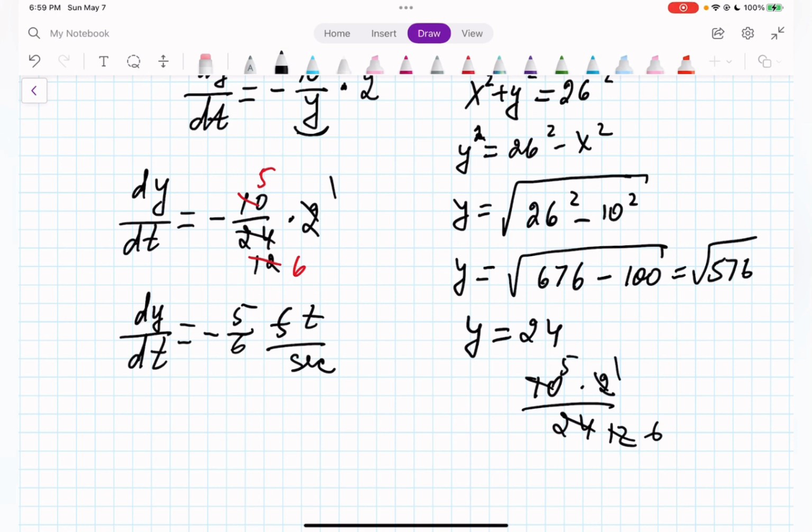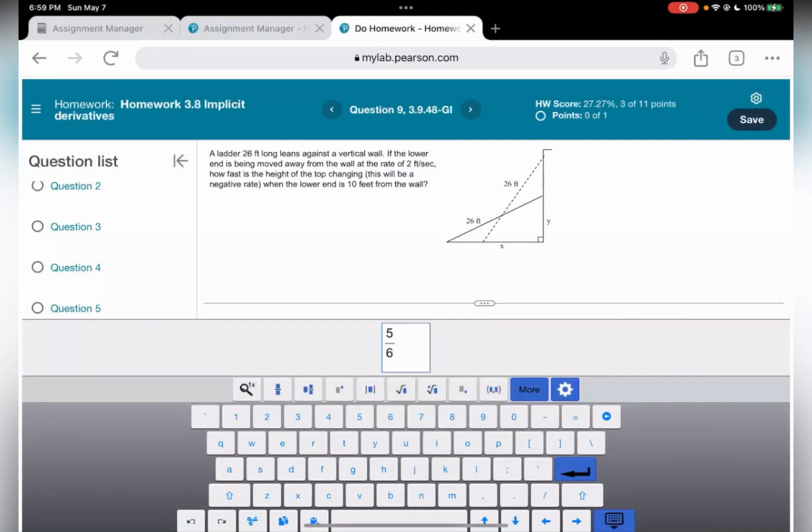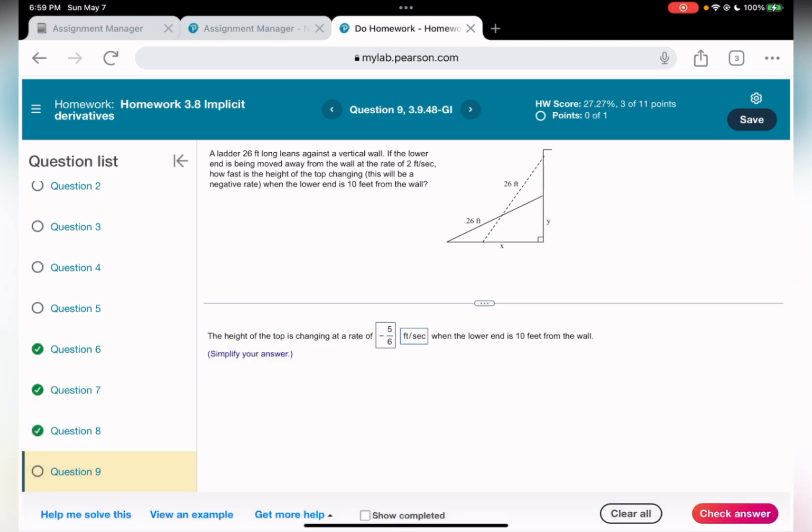Did I put the negative sign? Hold on. Of course, I didn't put the negative sign. Negative 5/6. Okay, check.